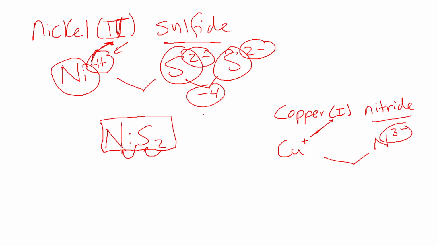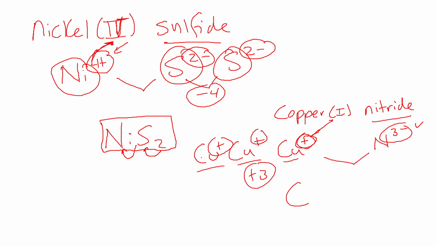Again, -3 and +1 means I need to get my copper really to 3 to balance it out. So I need not 1, not 2, but 1, 2, and 3 of these will give me a +3 that will balance out the -3. And now I can just write what I have: 1, 2, 3 coppers and 1 nitrogen. And that will give me my proper formula.